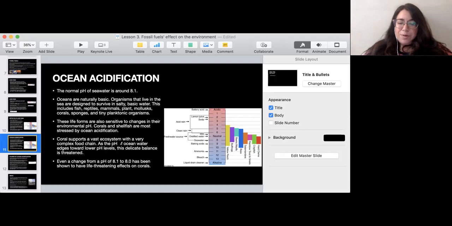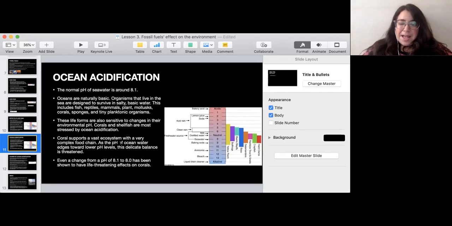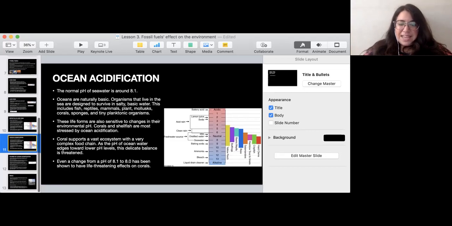That's a problem because they are sensitive to the changes. Corals and shellfish are the most sensitive ones. When water becomes acidic, their shells become soft, and it kills them. Even a really small change is going to affect them.